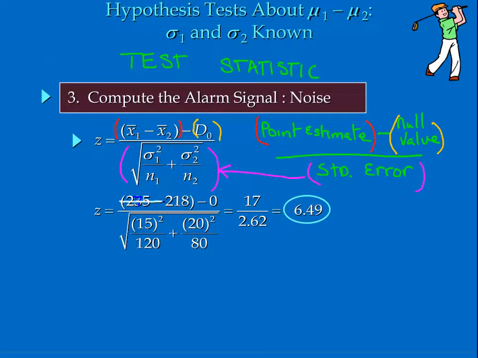The point estimate: x bar 1 was 275 and x bar 2 was 258. So we see a difference for the samples of 17. Now the null value is 0. On the null hypothesis, we don't expect any differences.